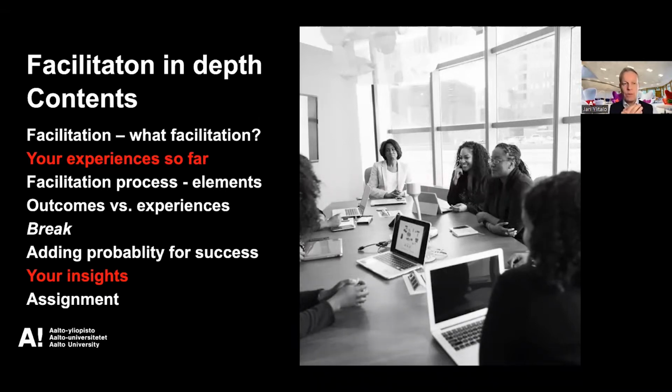After the break, we go more through this facilitation process. So how can we add probability for success? And I like to talk about probabilities because it's not the certainty business, it's more probability business. When we talk about the chains and doing it right, we can add probability strongly that we are successful, but we can never be 100% sure.